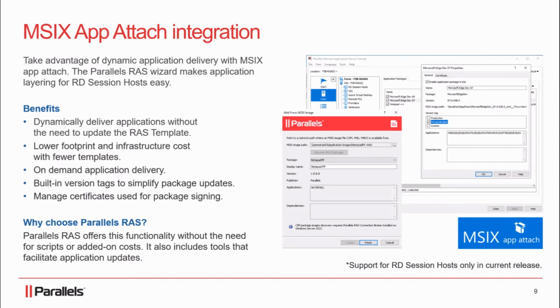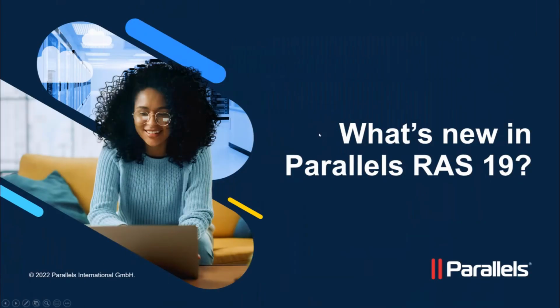Within the Parallels RAS console, we can help you deploy those certificate routes. We will also show you the expiry of the certificate that was used to sign the package, so you can keep track of when you have to renew the package and re-sign it with an updated certificate.